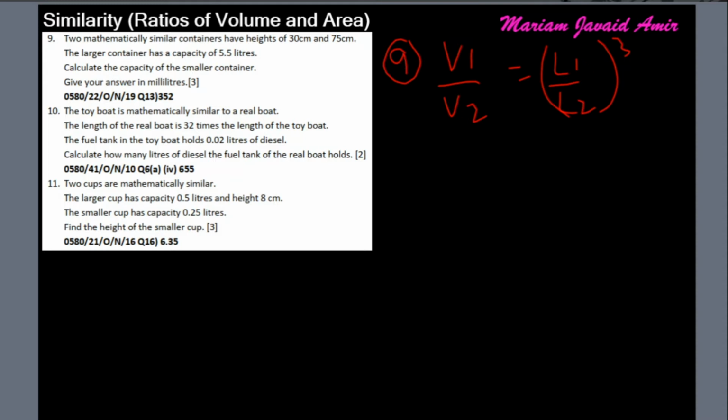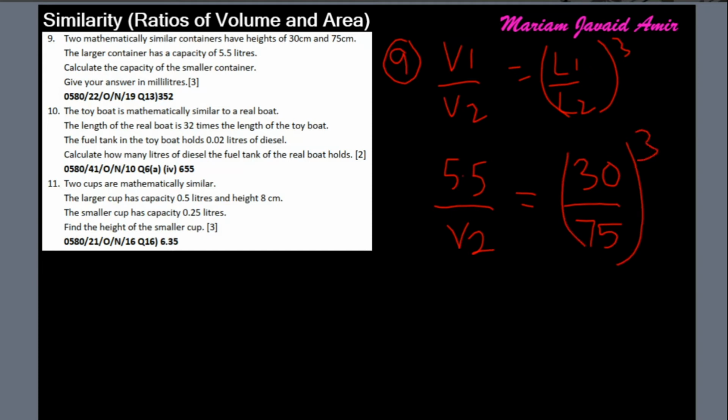Okay, so the first capacity is 5.5 liters over V2 equals the first length is 30, the second length is 75 whole cube. So similarly, simply solve this. 5.5 times 75 cube over 30 cube.